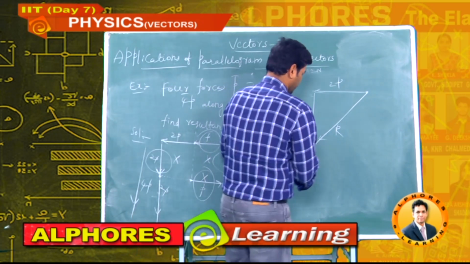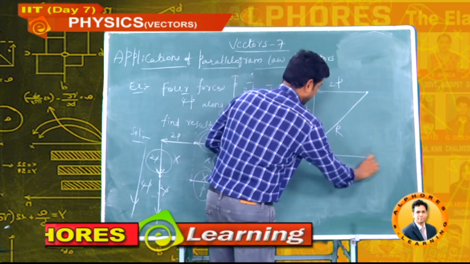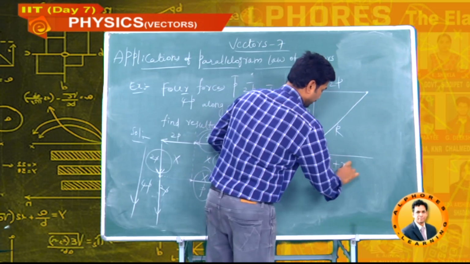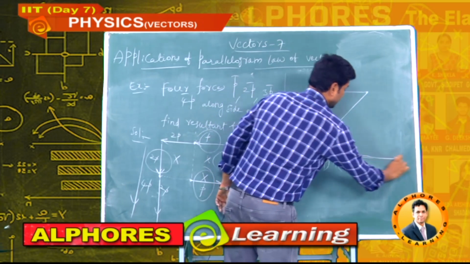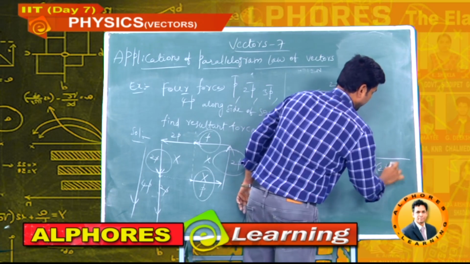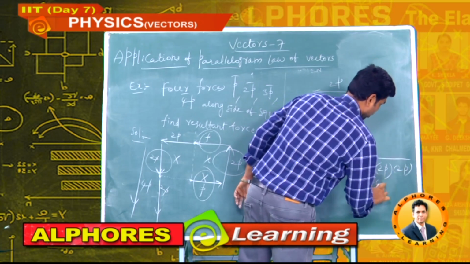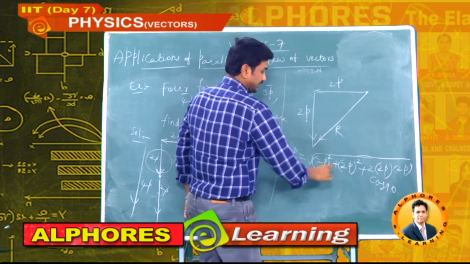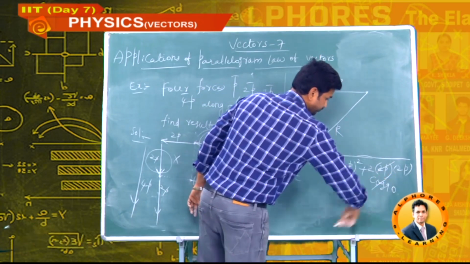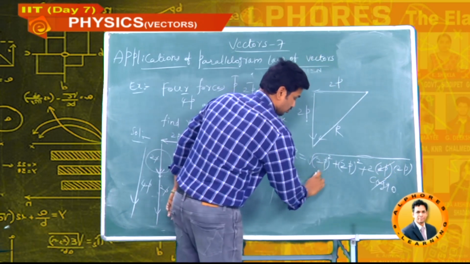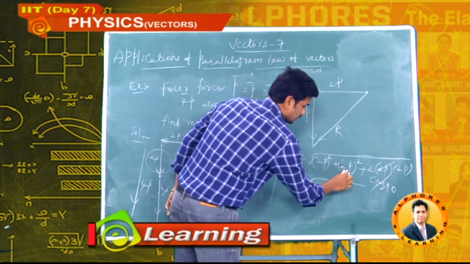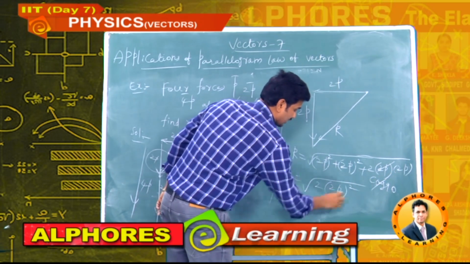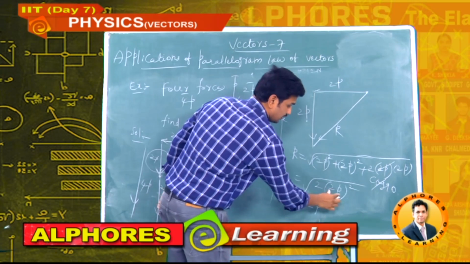Now once again, R is equal to the root of (2P) whole square plus (2P) whole square plus 2 into 2P into 2P into cos 90, because the angle between these two vectors is 90, and cos 90 is 0, gone. Now root of 2 into (2P) whole square. (2P) I will take out, remaining root 2.